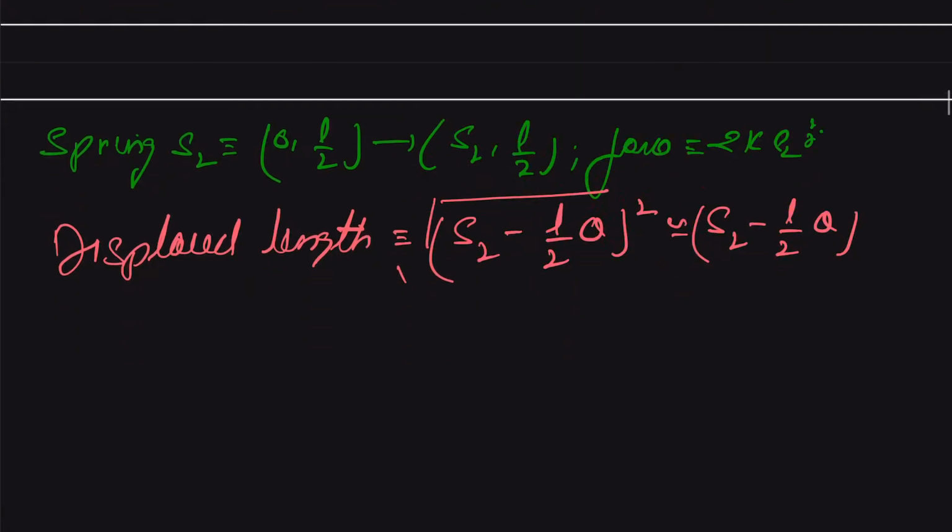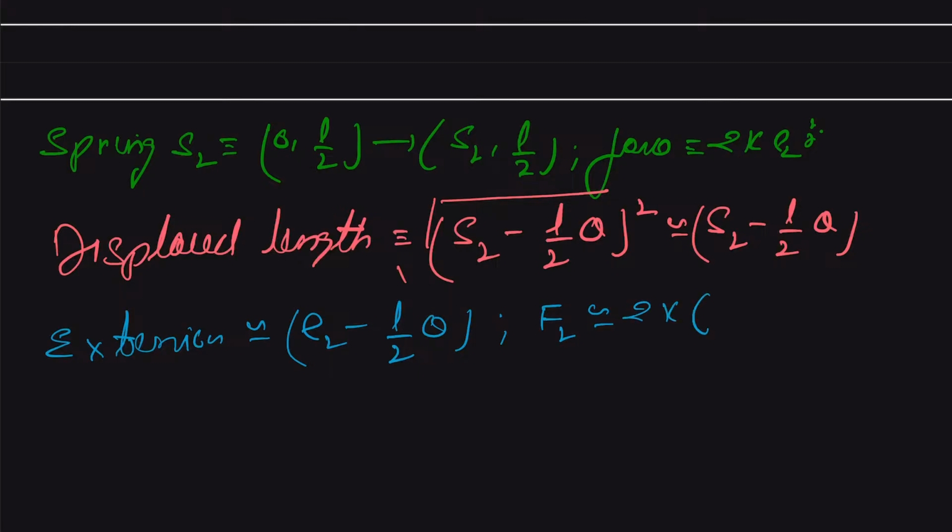And therefore we can write our extension is approximately equal to E2 minus L2 by theta. Therefore our force F2 will be approximately equal to spring constant 2K times E2 minus L2 by theta, and we have our x unit vector.